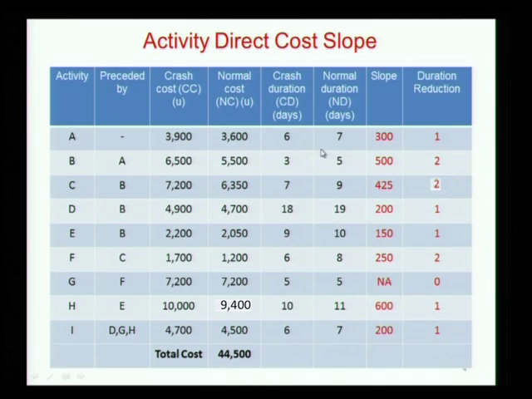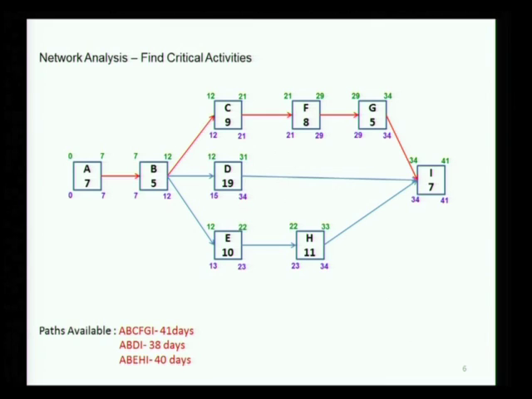You can reduce it only by 1 day, so that is 300. Similarly the remaining values have been calculated. The value 44,500 is the total cost of the project if everything is done in normal duration. This forms the basis for the crashing process, and following the precedence relationships that were given, this is the basic network diagram.